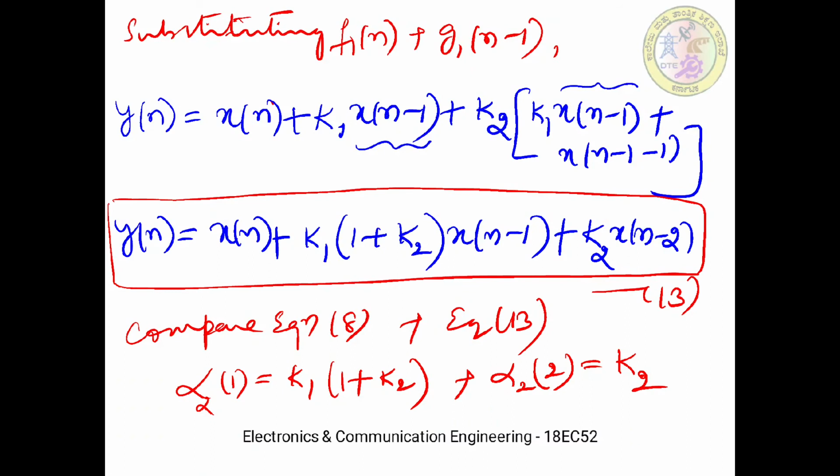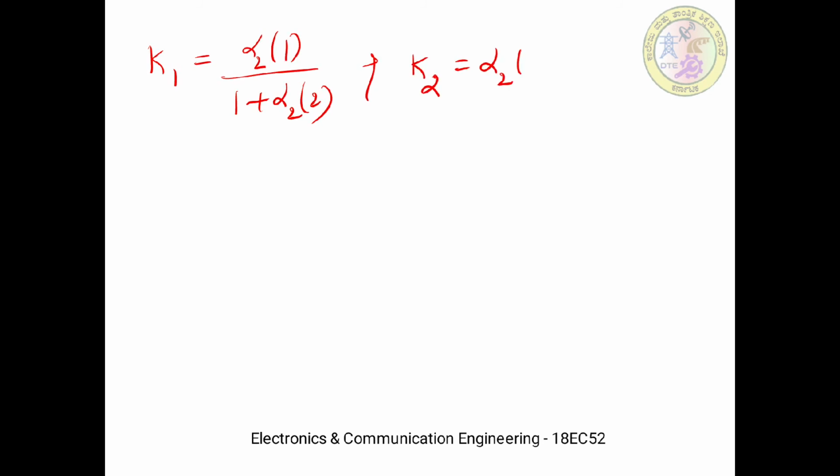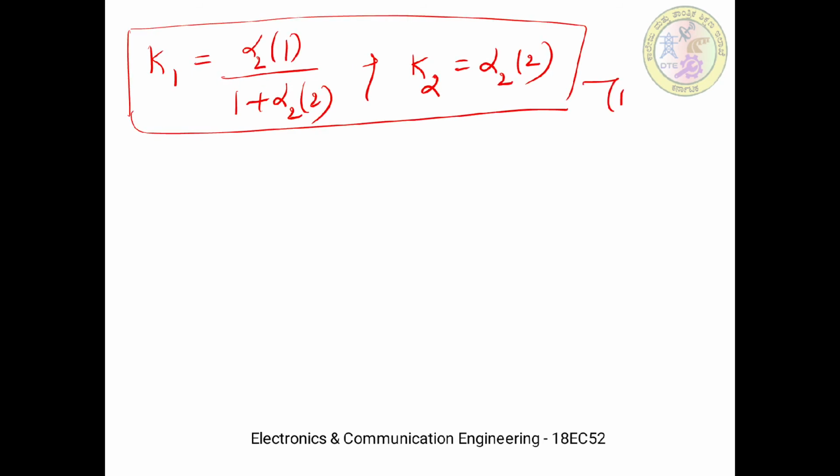Okay, so now we can derive these reflection coefficients. So k1 is equal to alpha 2 of 1 by 1 plus alpha 2 of 2, and k2 is simply alpha 2 of 2. Now this is one important relation, call it equation 14, for the second order FIR structures.